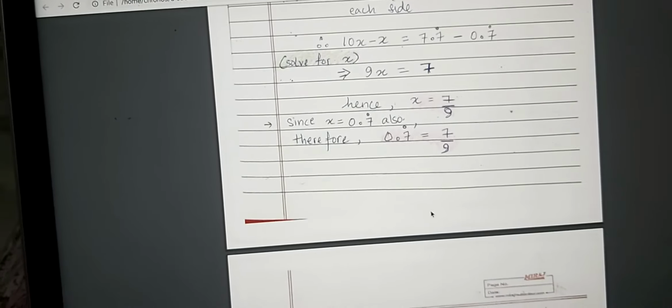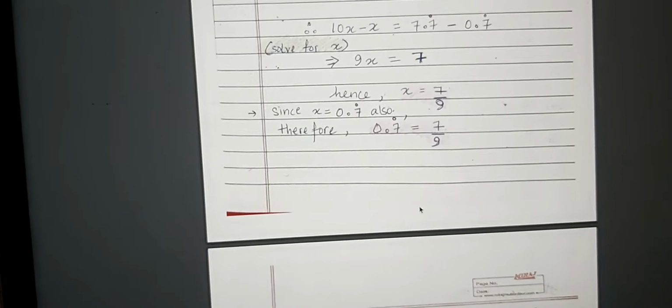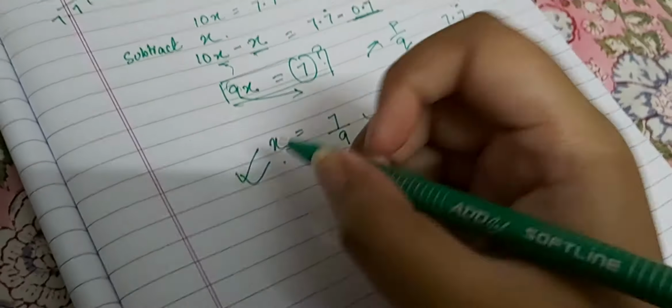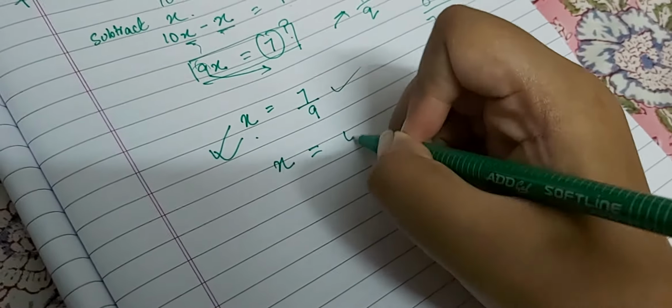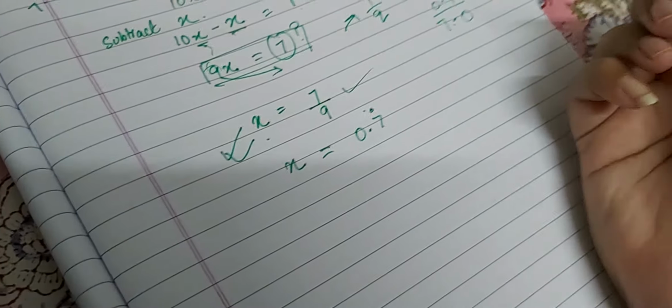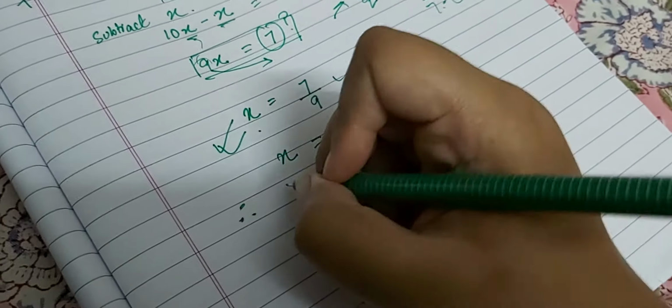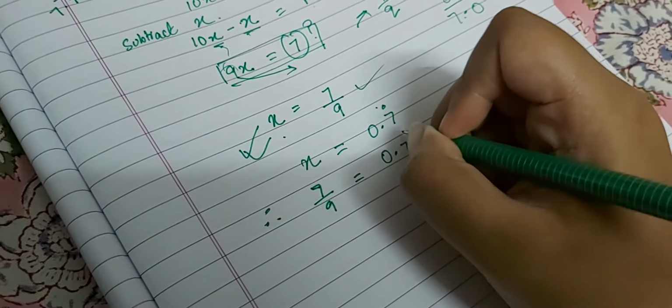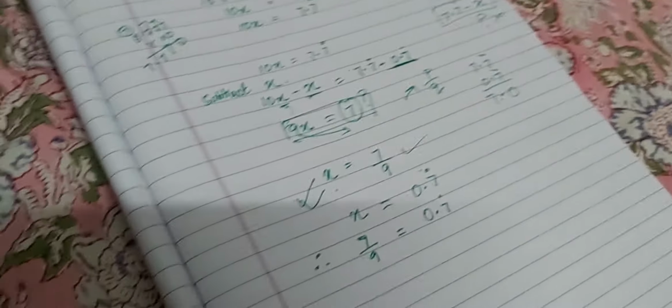So I have x is equal to 7 by 9. X is also equal to 0.7 recurring, which means 7 by 9 is equal to 0.7 recurring. It's very simple. All the steps are very simple.